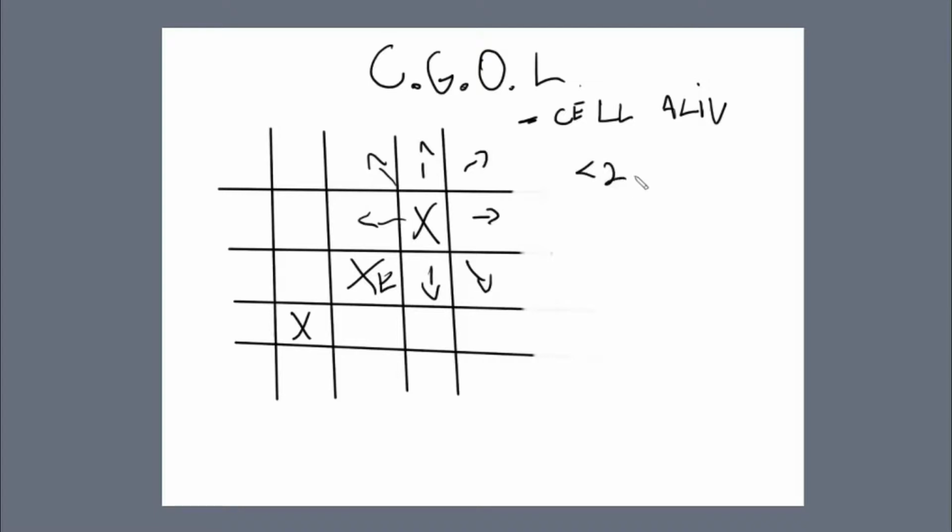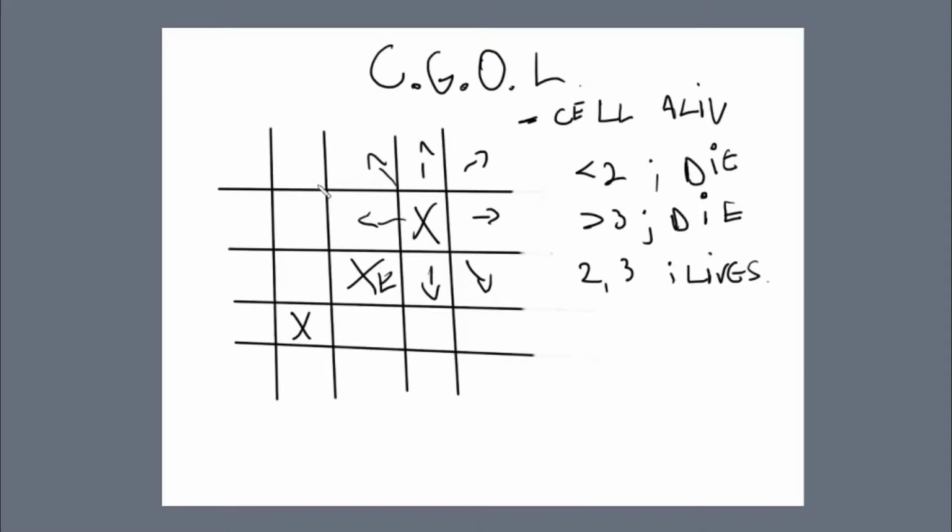If there are less than 2, it'll die. If there are more than 3, it'll die of overpopulation. And if there are 2 or 3, nothing happens. It lives a happy life for the next frame.